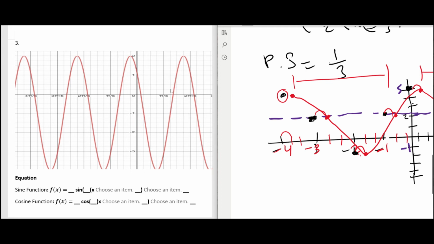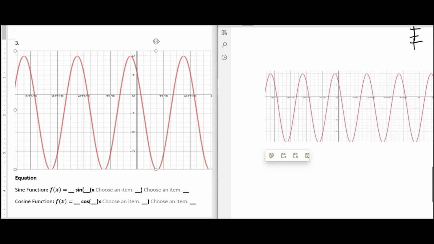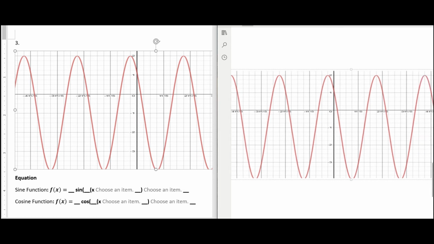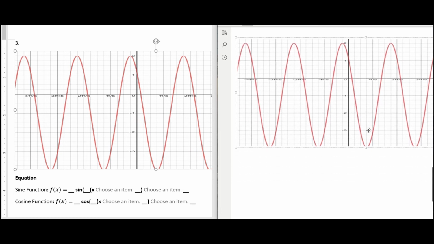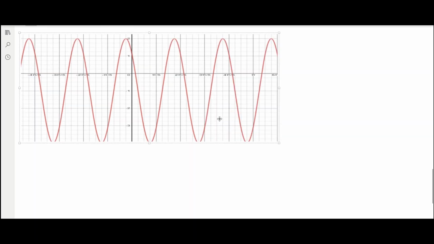So first off, let me go ahead and actually copy this. I'm hoping that I'm able to copy that over here. Okay. All right, so we got the graph here. Now we want to determine the equation in terms of sine and cosine and all that stuff.